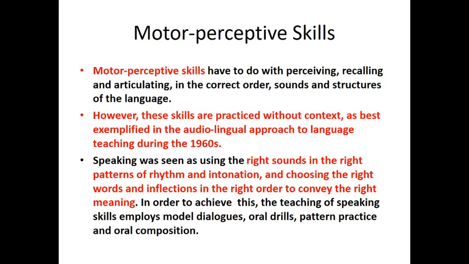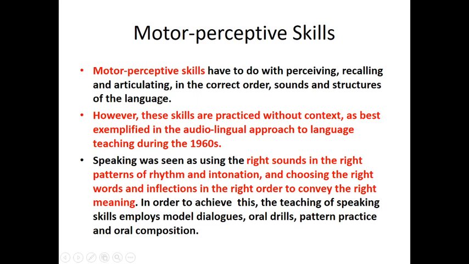Motor-perceptive skills. So what are the motor-perceptive skills? Motor-perceptive skills have to do with perceiving. That means perception: sounds come to the ear and go through the brain, and the perception happens in the brain.